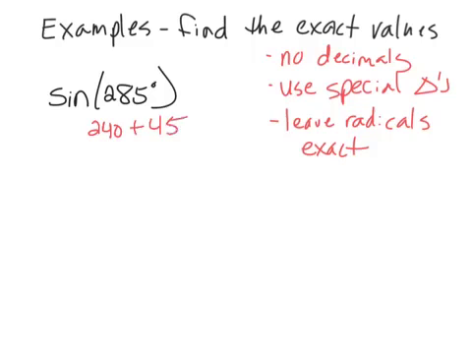And those two have reference angles that are special angles. So I'm looking for the sine of 240 plus 45, which means I'm going to use my angle sum identity for sine, and I'm going to break it up. That's equivalent to the sine of 240 times the cosine of 45.